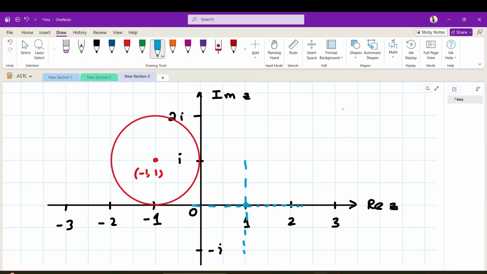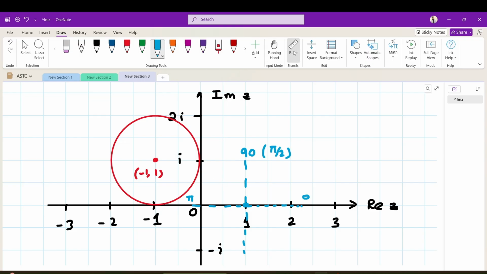Now 135 degrees comes in this region, because this is 0 and this is 90, which is pi upon 2, then this is pi, which is 180 degrees. So it lies between 90 and 180 degrees from the exact center.